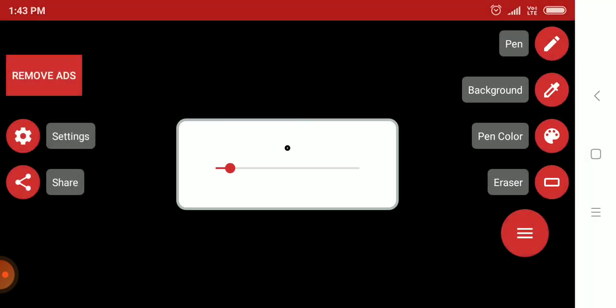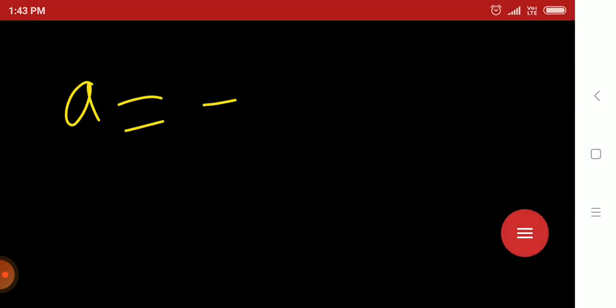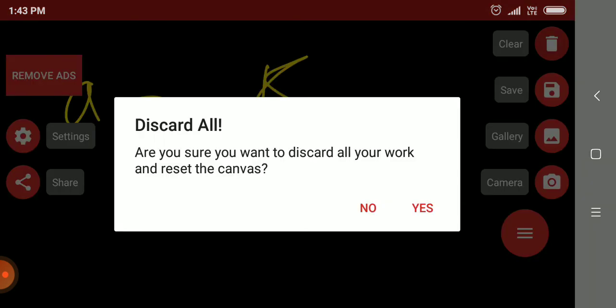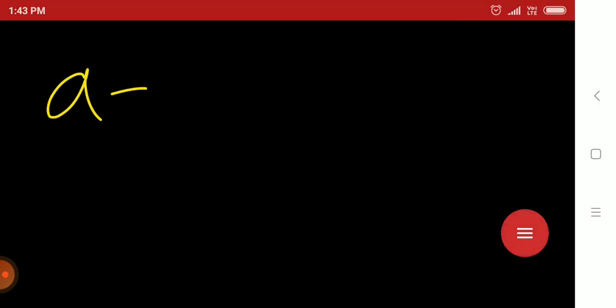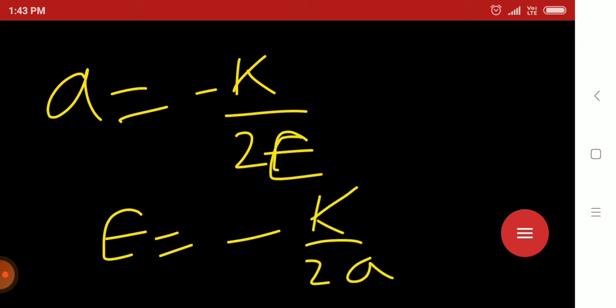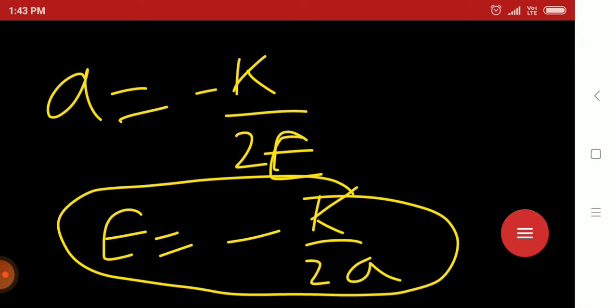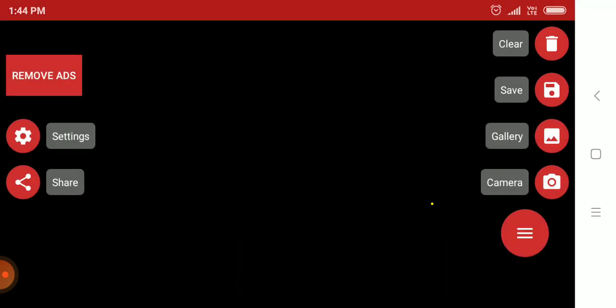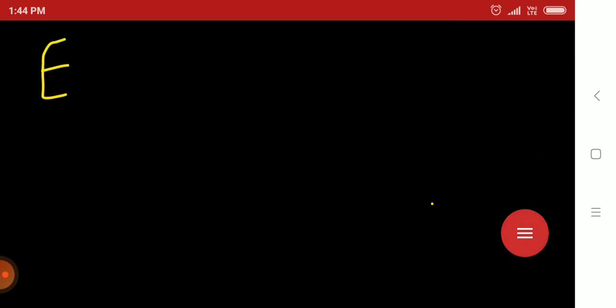So we are getting a equals minus of k by 2E, or the energy we will get is E equals minus of k by 2a. It's a very important thing.